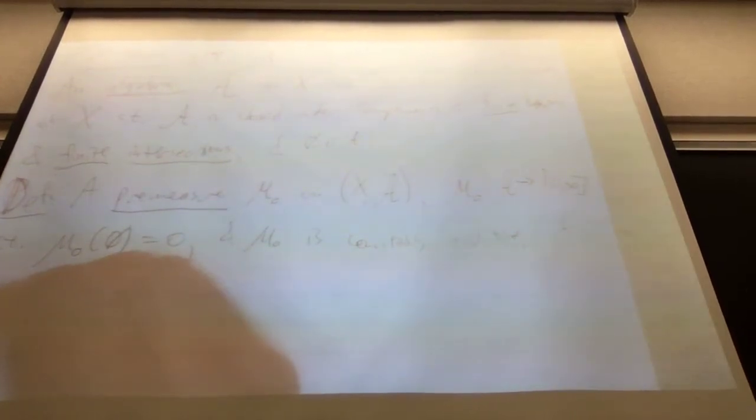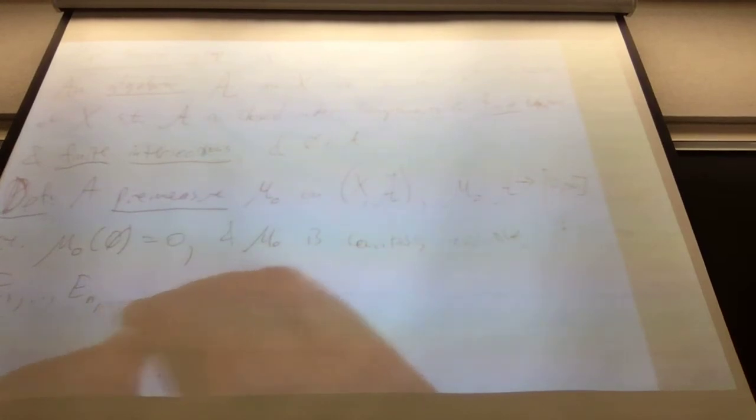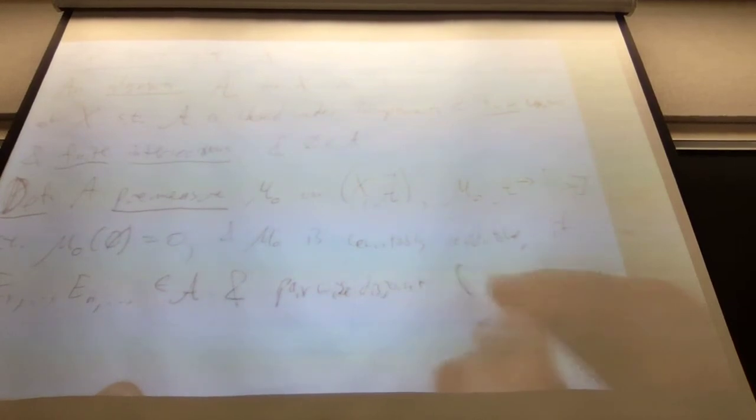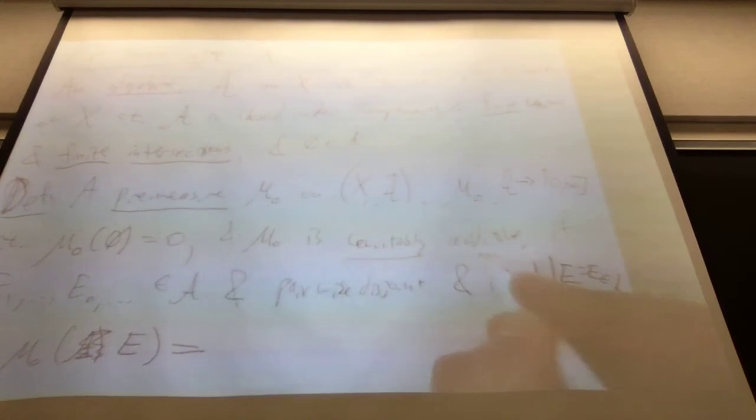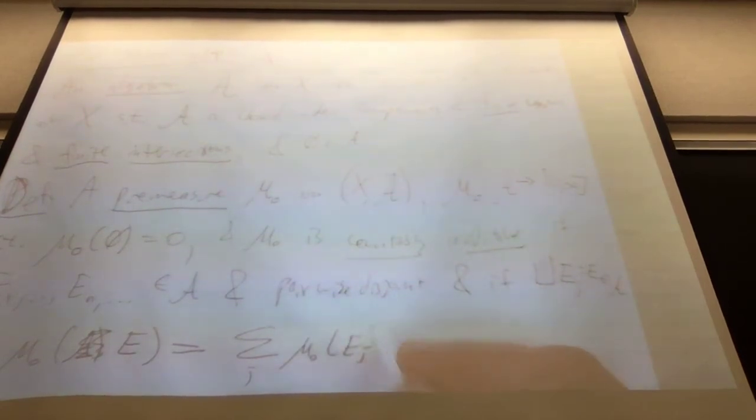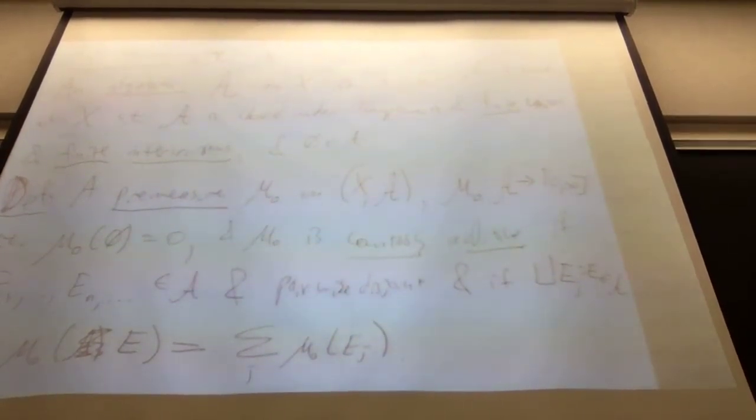So if E1 through En and so on are all in A, and pairwise disjoint, and if the disjoint union, which I will call E, is an element of A, which is no longer guaranteed since A is only an algebra and not a sigma algebra, then I will want the premeasure of E to be equal to, so this is countably additive, not subadditive, the sum of the premeasures. Okay? So a premeasure is just a measure, but it's not on a sigma algebra, it's on an algebra.